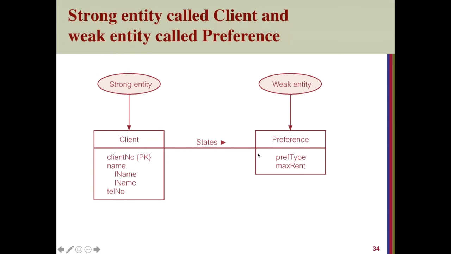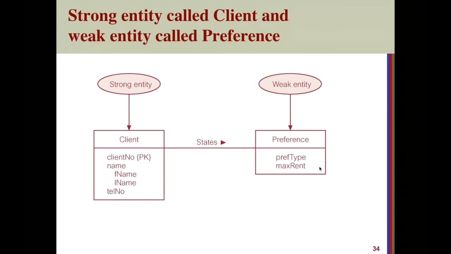If we just talk about preferences, we don't talk about client, of course you will be asking, preferences of what? Preferences of whom? So only preference is not a complete story. We have to tell preferences about what or preferences from whom.